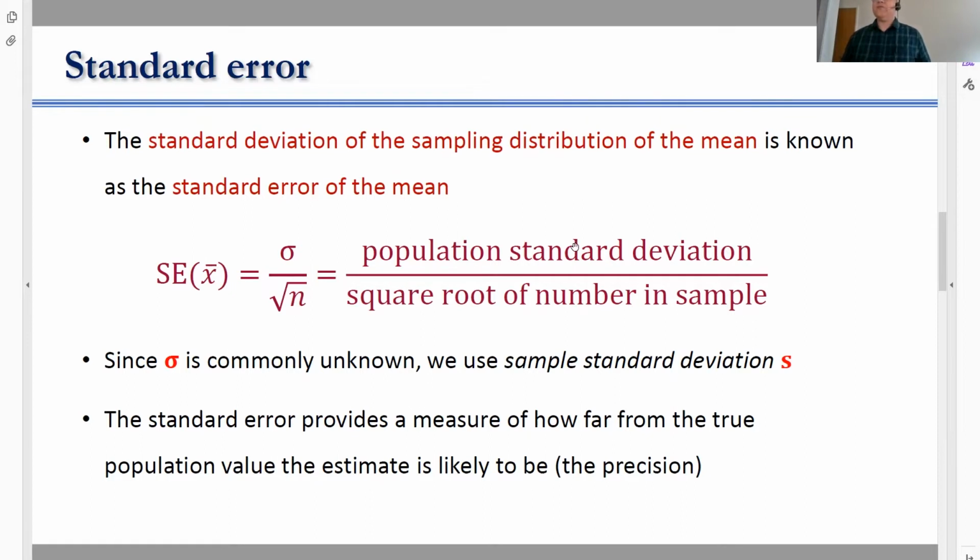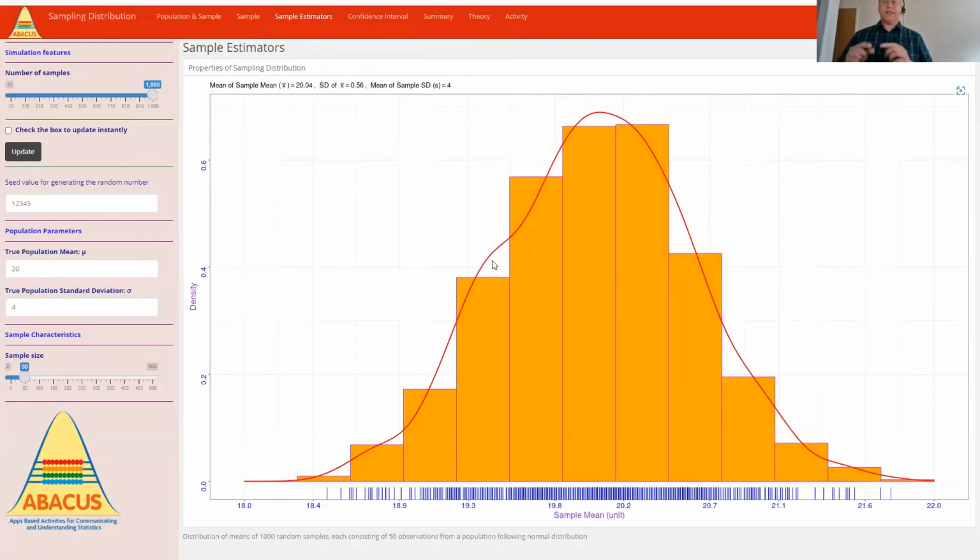Sometimes when you don't know the population standard deviation sigma, we can replace it with the sample standard deviation S. The standard error provides a measure of how far from the true population value the estimate is likely to be. That's quite a nice way: we do one experiment, get the summary statistics of that experiment, and that itself is quite helpful to understand the sampling variability, or the standard deviation of the sample mean.